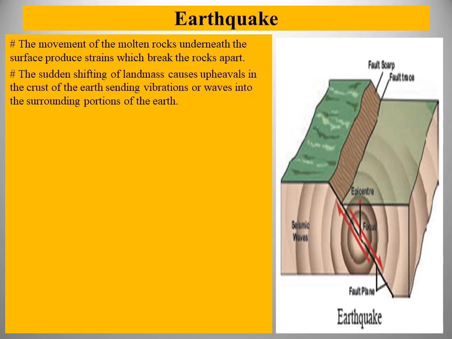The sudden shifting of land masses causes upheavals in the crust of the earth, sending vibrations or waves into the surrounding portions of the earth. Sometimes the surface of the earth itself cracks.